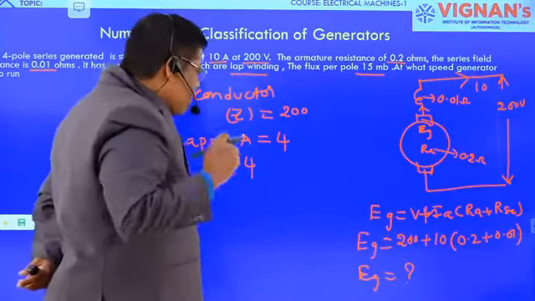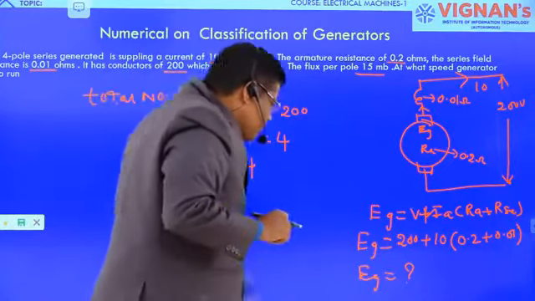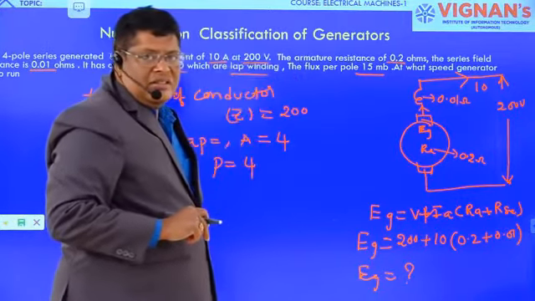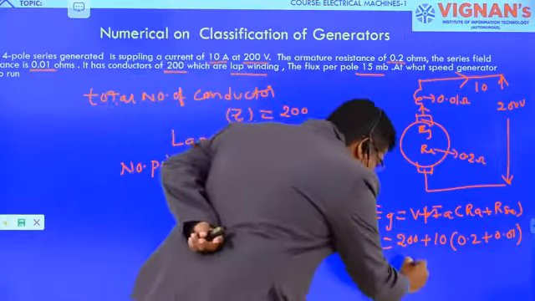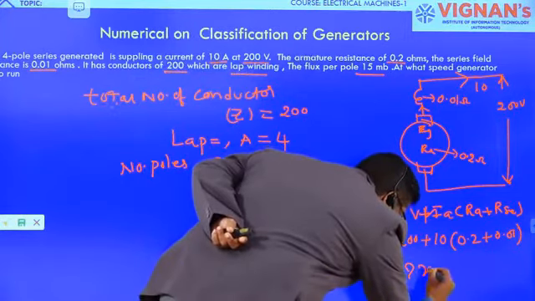So fundamentally, we know the expression for the generated voltage. We get some value here, which you can take as some x.